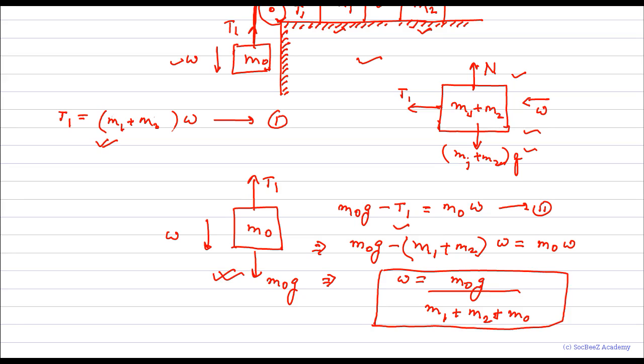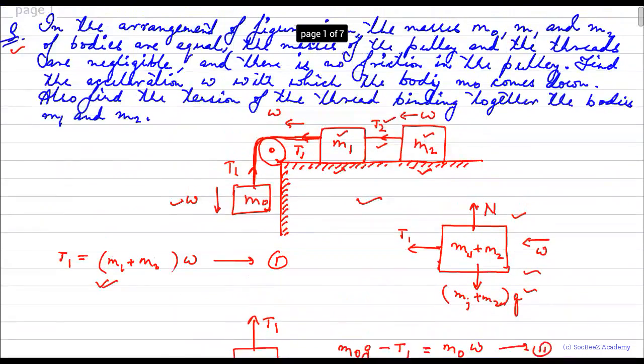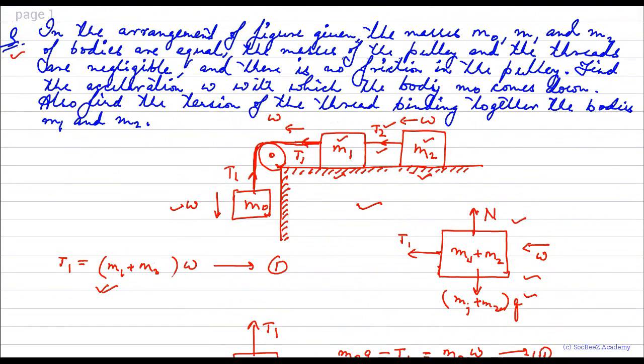Now let us move on to the next subpart of this problem, in which I have to find out the tension acting between the two bodies m1 and m2, which basically holds the two bodies together. That means I need to find out T2.